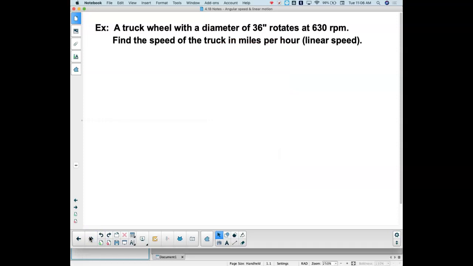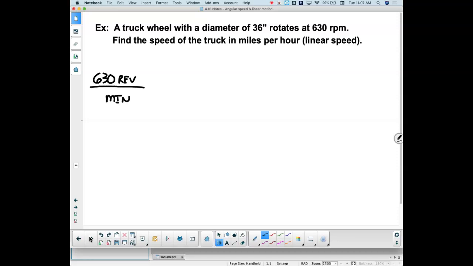Okay? So we have a truck wheel with a diameter of 36 inches rotating at 630 revolutions per minute. Find the speed of the truck in miles per hour. Okay? So we started out, we've got 630 revolutions per minute.